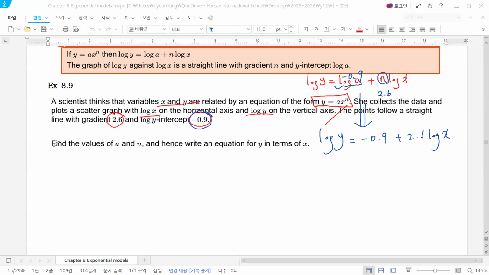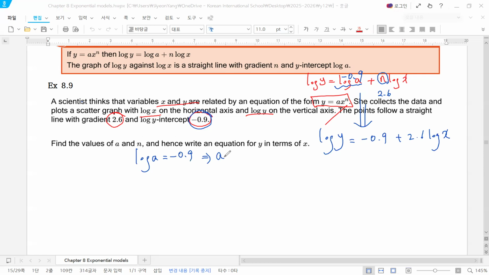And then the final step, find the values of a and n, and hence write an equation for y in terms of x. Okay, so firstly, we need to find the values of a and n. Log a equals negative 0.9.